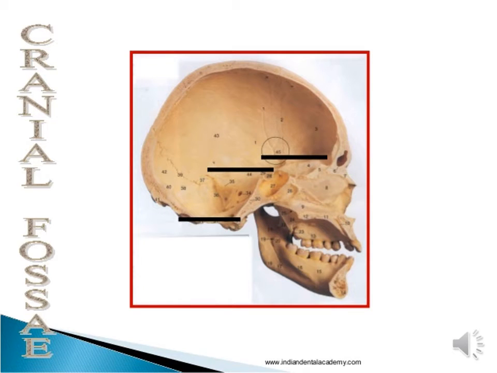This figure shows the level of the floor of the cranial fossa. The highest one is the anterior cranial fossa, then the middle cranial fossa, and the lowest one, the posterior cranial fossa.